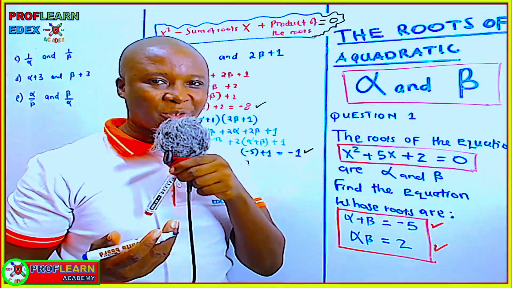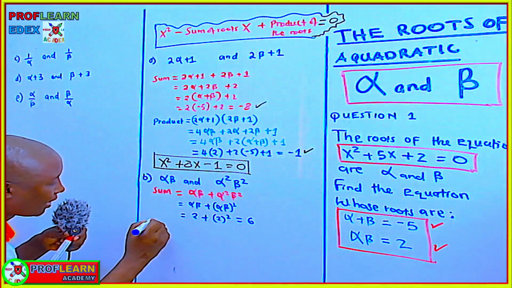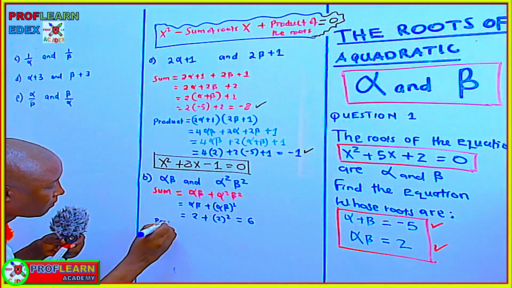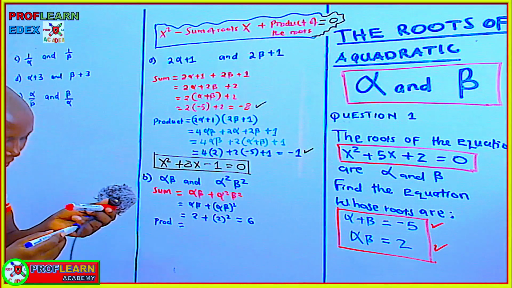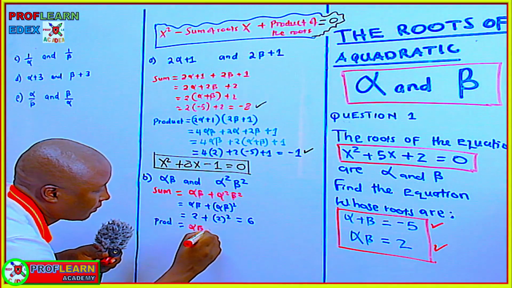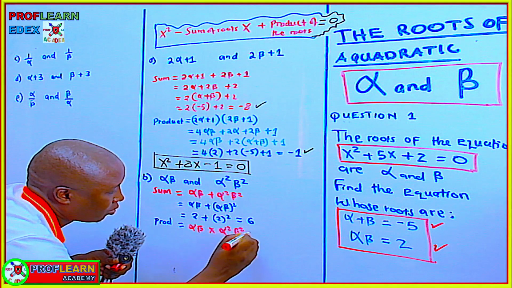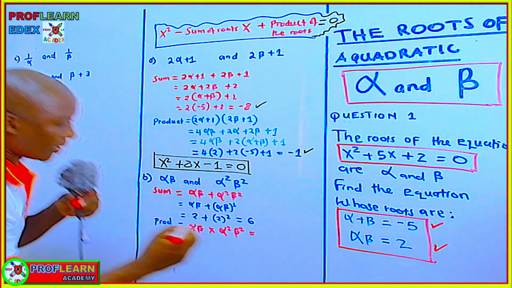The next part is to find the product of the two roots. Our product is going to be alpha beta times alpha squared beta squared. If you work it out, what does it give you?